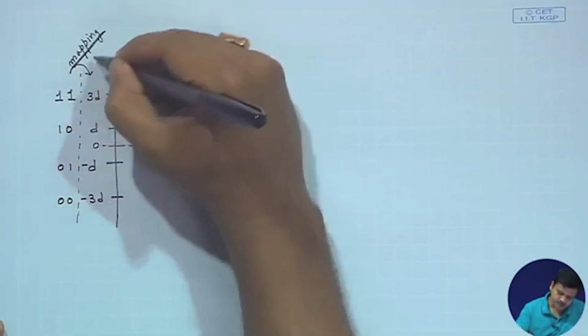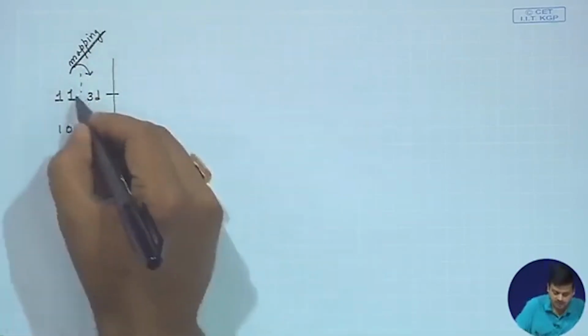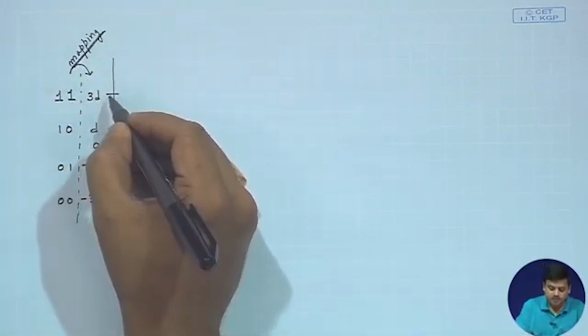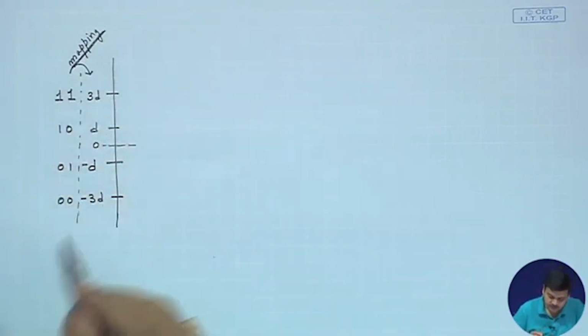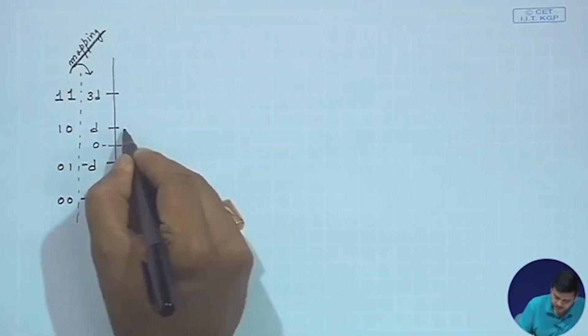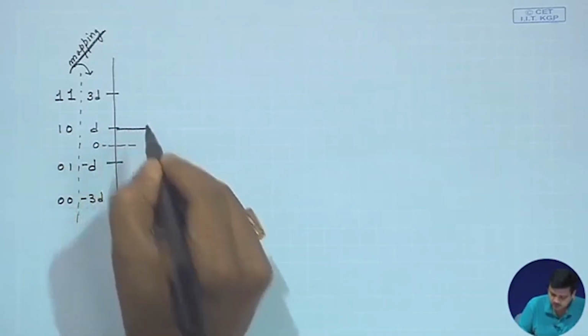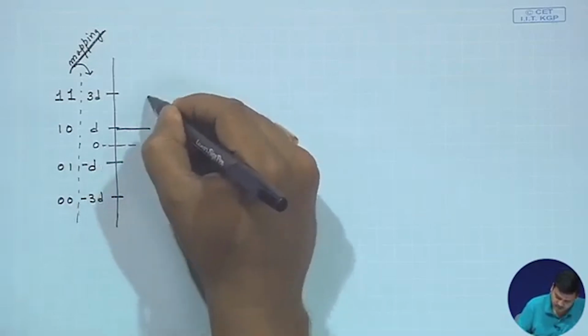Mapping bits to symbols, or symbols to waveforms, whatever way you want to identify it. Now, suppose we have a waveform, for example, as this.